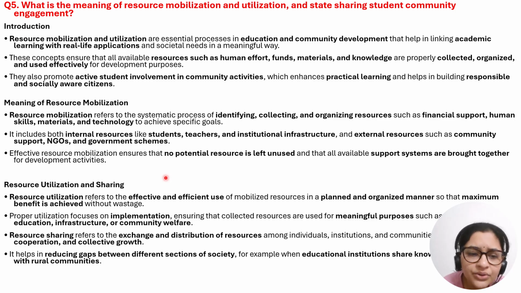Okay. Resource utilization and sharing. Now we have seen what is resource mobilization. What is resource utilization? We are going to see now. So it refers to effective and efficient use of the mobilized resources. So once the resources are mobilized, they are utilized, in a planned and organized manner so that maximum benefit is achieved without wastage.